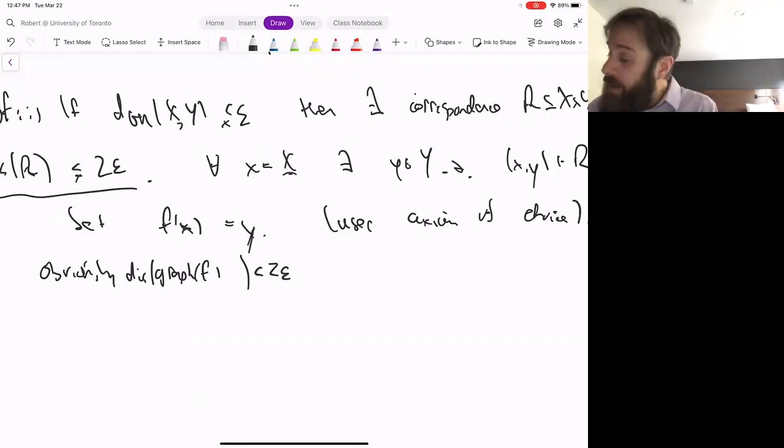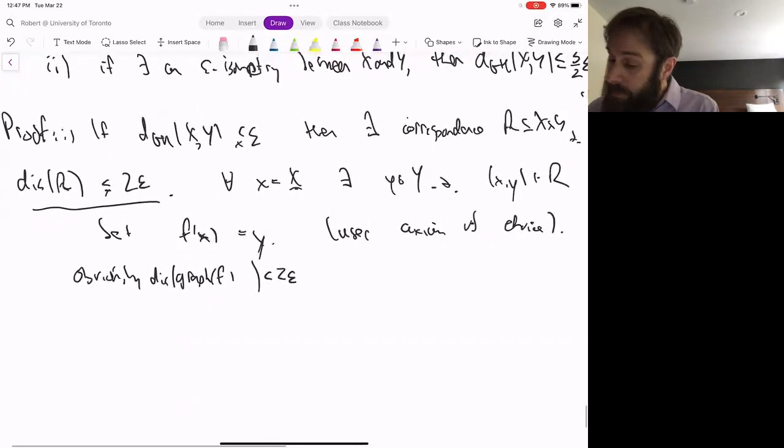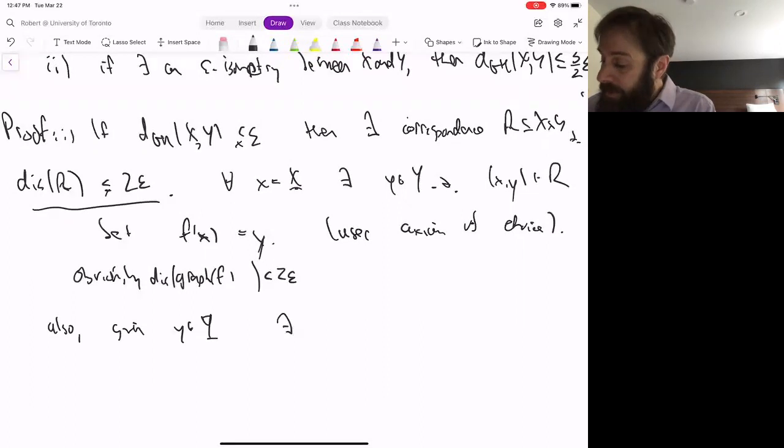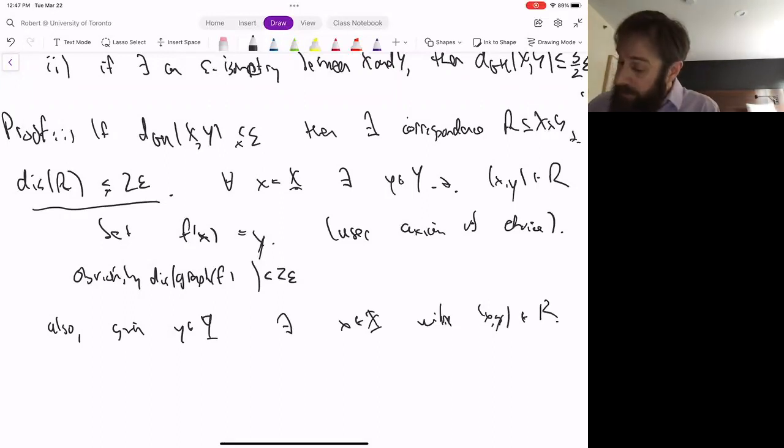And so the other thing that I need to know is that the image of capital X under F gets within 2 epsilon of every point in Y. Also, given any point in Y, because R is a correspondence, there exists an x in X with xy in the relation, the correspondence.